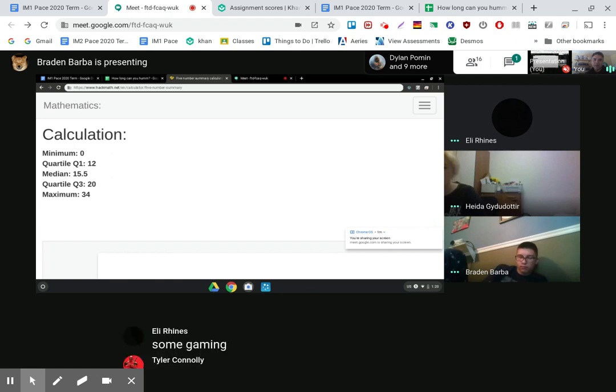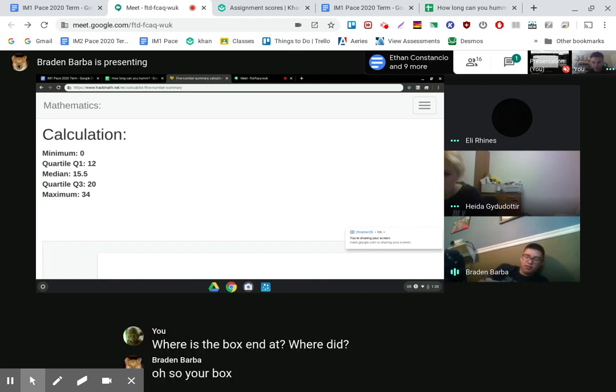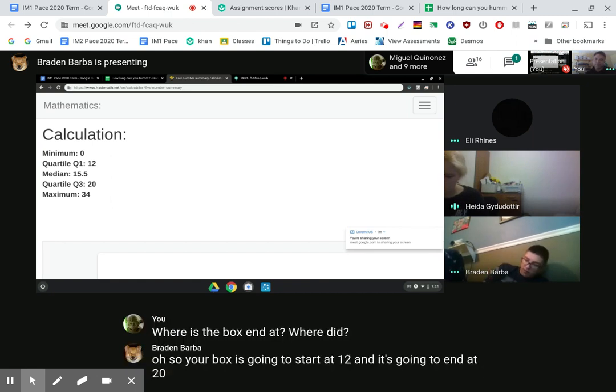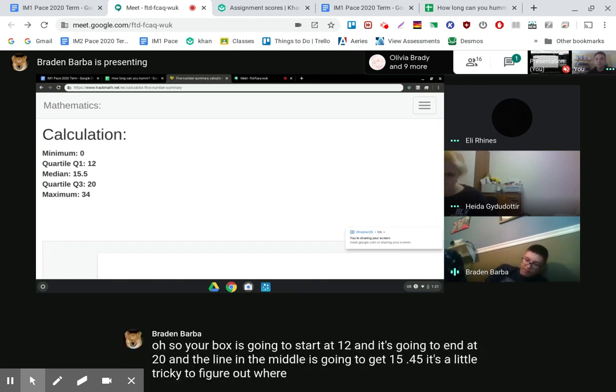And where does the box end? So your box is gonna start at 12, and it's gonna end at 20. The line in the middle is gonna be at 15.5. It's a little tricky to figure out where 15.5 is because we're doing it by evens.